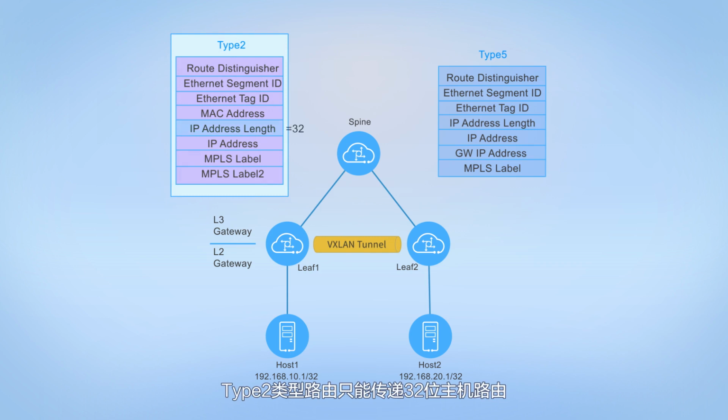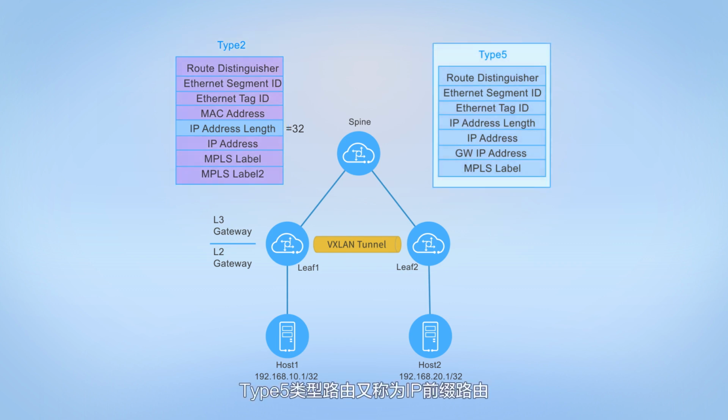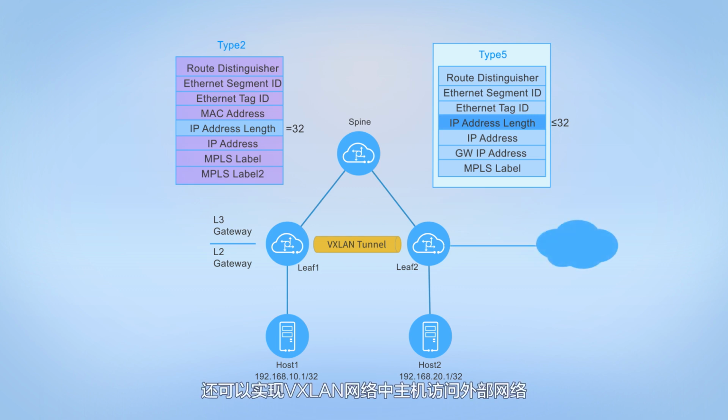Only 32-bit masks can be transmitted through Type 2 routes, which can be used for host-to-host communication. Type 5 routes are also called IP prefix routes. Both 32-bit and non-32-bit masks can be transmitted through Type 5 routes.